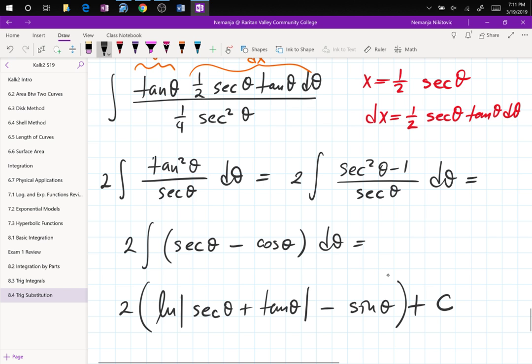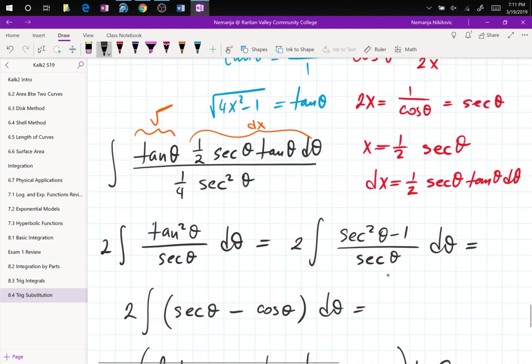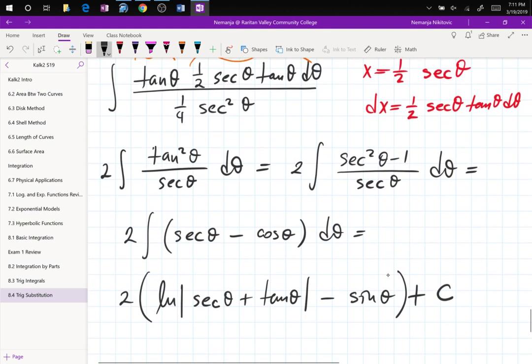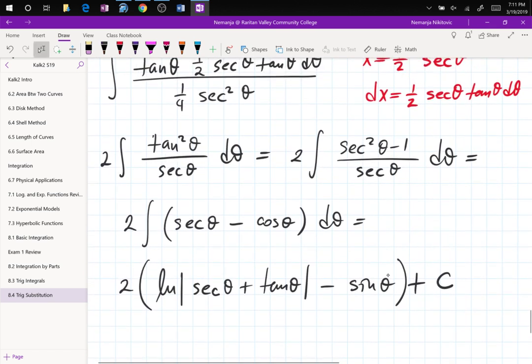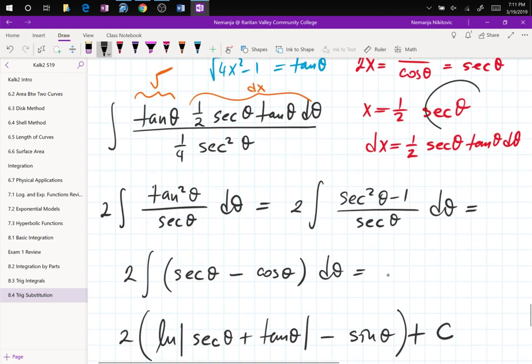Now, no, we have to go back to x, right? Oh, damn. We're not done? I boxed it in red. Yes, our box is right now. I guess it will be unboxing now. So I have a secant theta here.